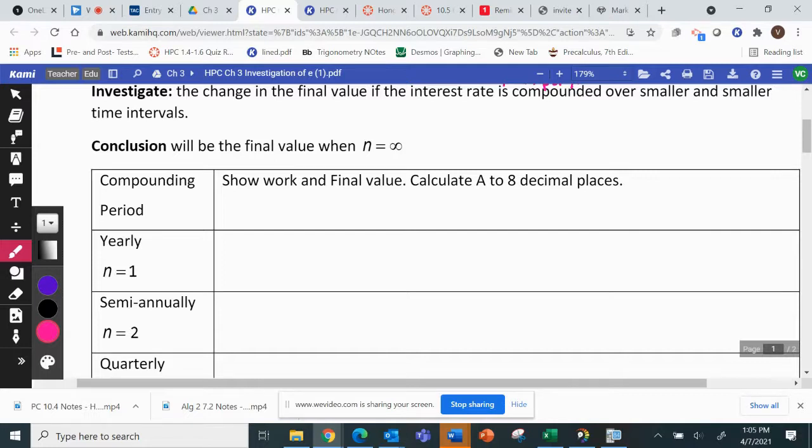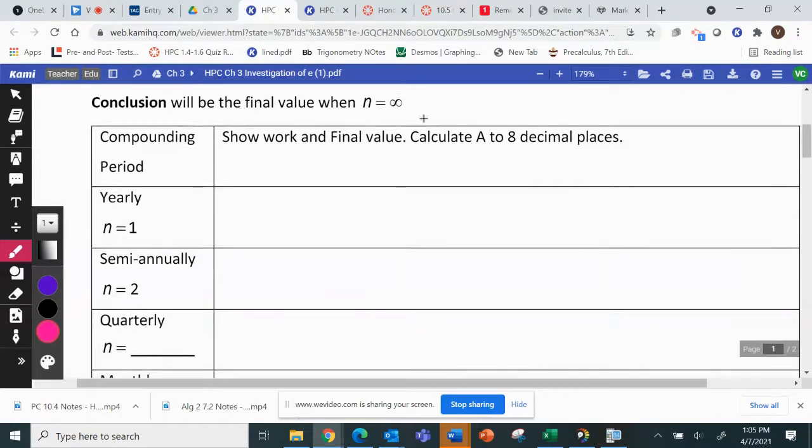So for the first one, we are doing A equals, our initial amount is $1, 1 plus, our rate is 100%. So what is that as a decimal? Just 1, right? So we're going to do 1 over n, and how many times per year?